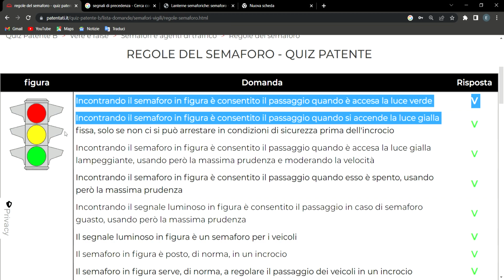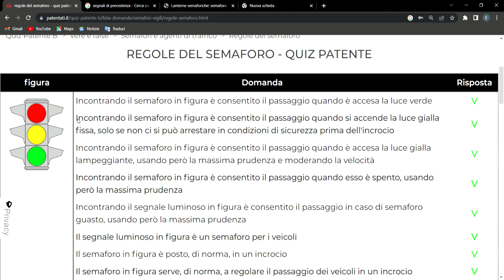Number 2, it says: incontrando il semaforo in figura è consentito il passaggio quando si accede la luce gialla fissa, solo se non ci si può arrestare in condizione di sicurezza prima dell'incrocio.